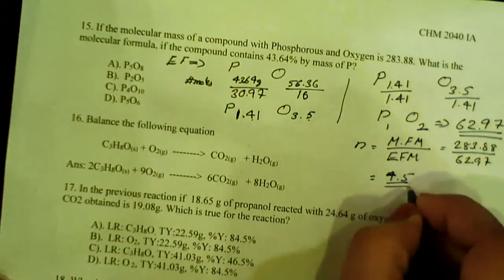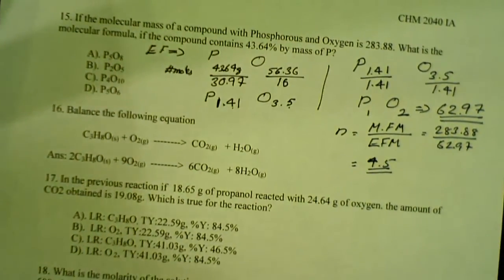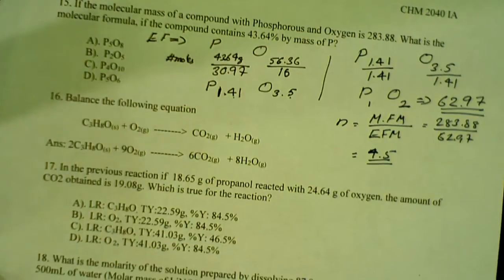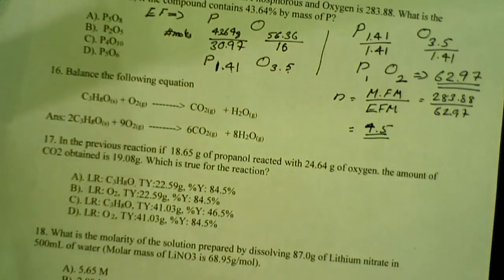So 283.88 over 62.97, which is equal to 4.5.